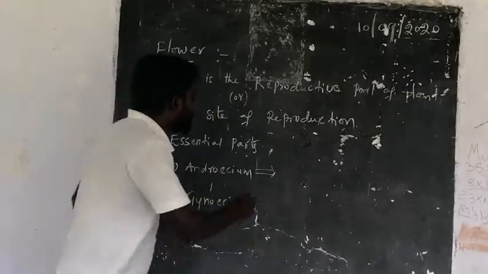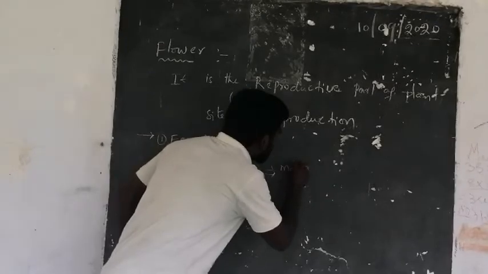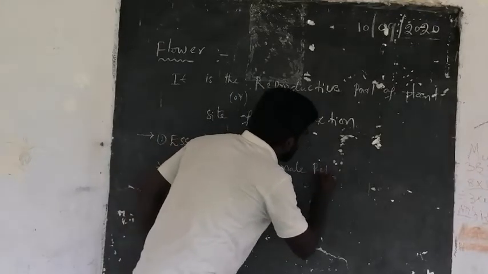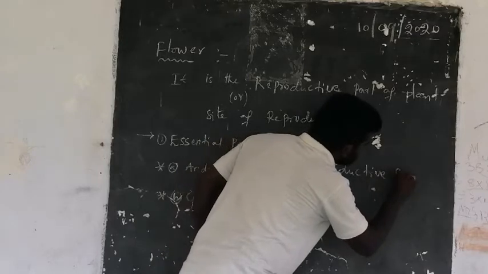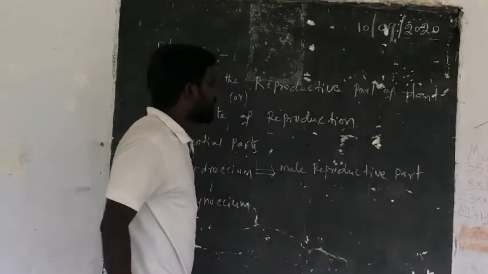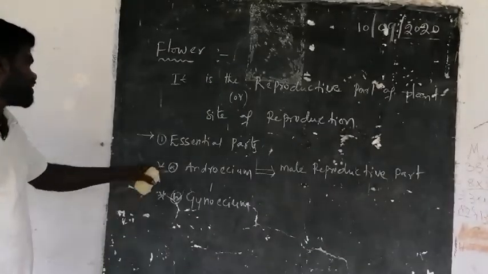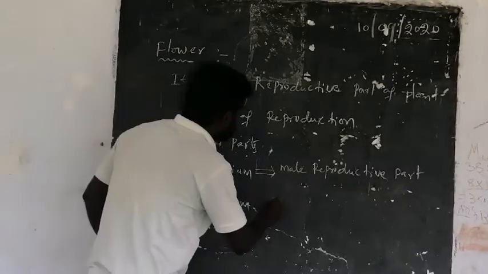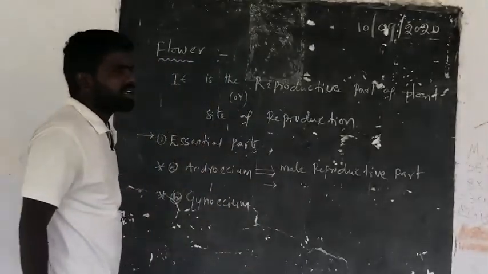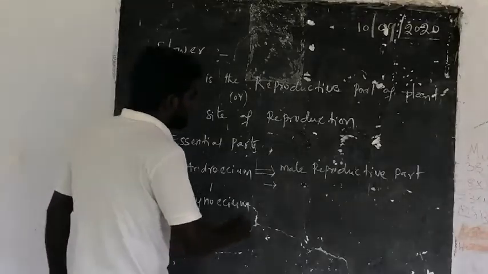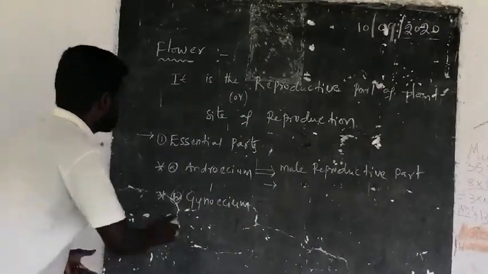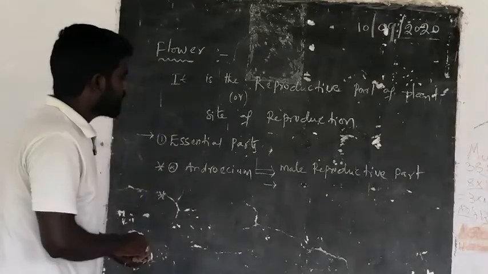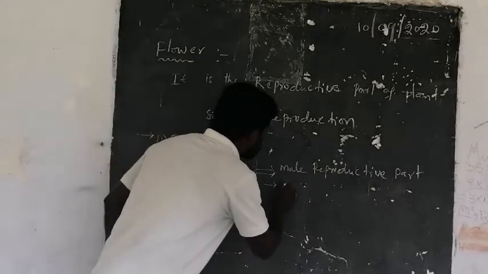Now, the androecium is an essential part of the flower. Androecium is the male reproductive part of the flower. This androecium is having anthers and filament.